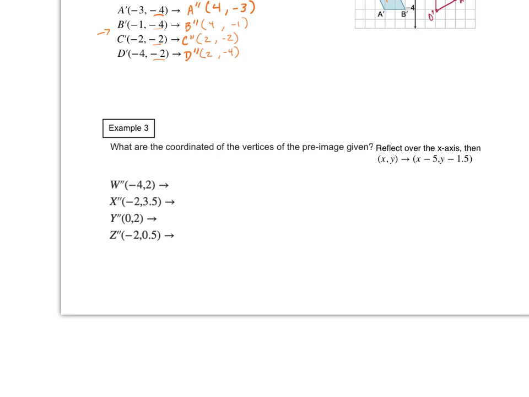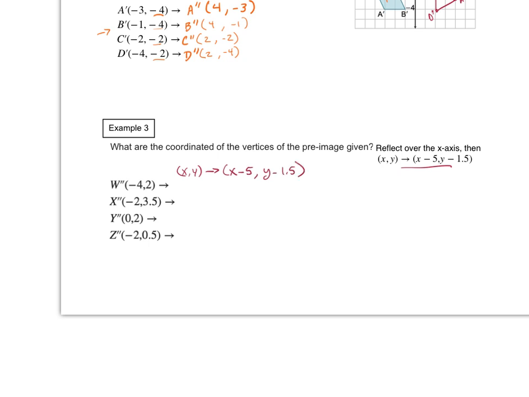So here they're asking, what are the coordinates of the vertices of the pre-image? Given that they reflected over the x-axis and then had a translation, we have to reverse all of that. How do we do that? The first thing I could reverse is this: my (x, y) became (x minus 5, y minus 1.5).